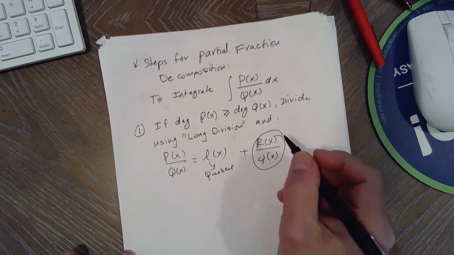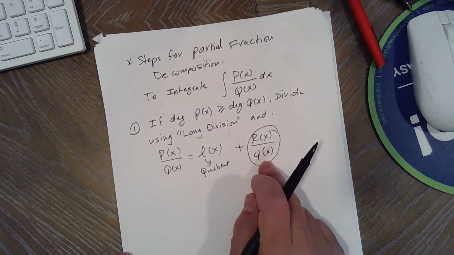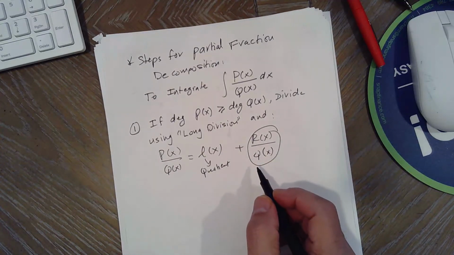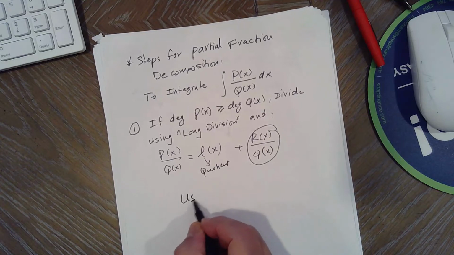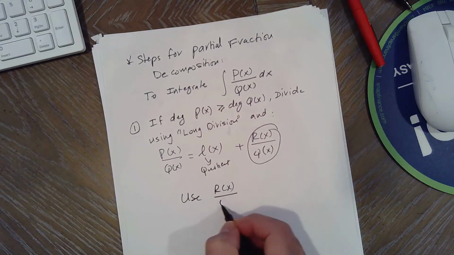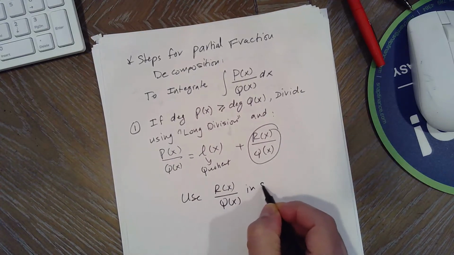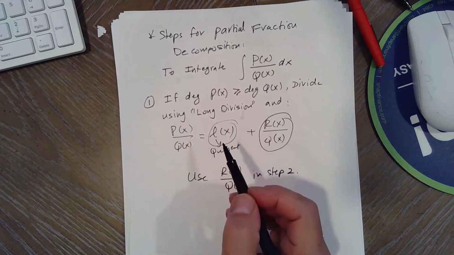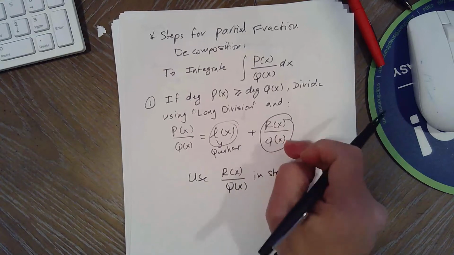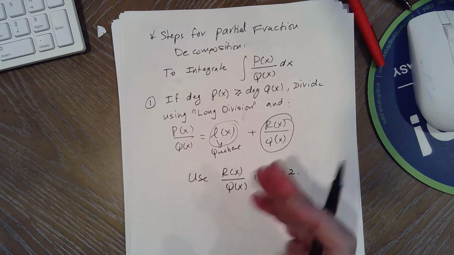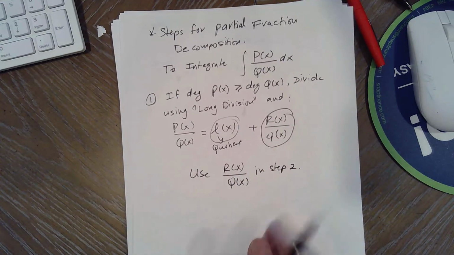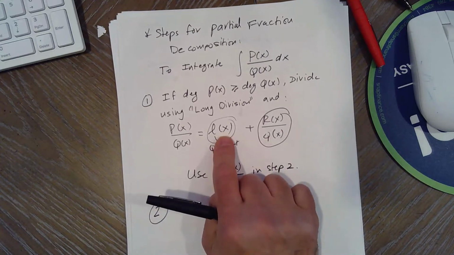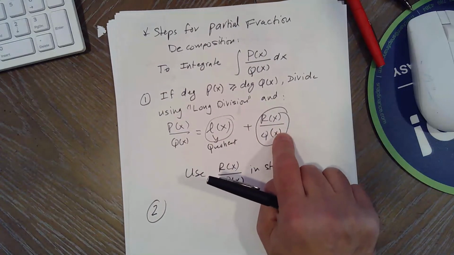So we take this and use r of x over q of x in step 2. First we remove the quotient and use the remainder over the divisor to go into the next step, because the quotient is going to be easy to integrate. Then we're going to work on the remainder part to integrate.